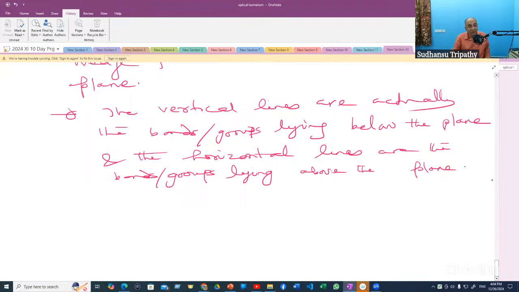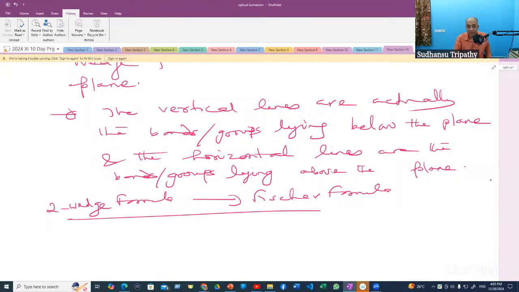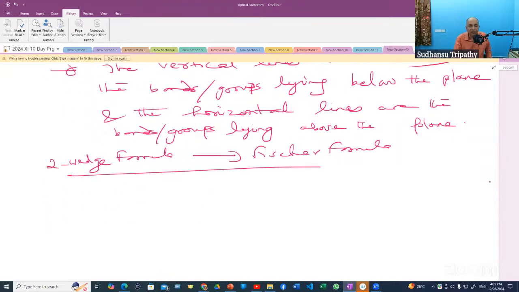Now see, before I show you the model, it's better to take a two-wedge formula to demonstrate how to convert a two-wedge formula, either that one or this one, to a Fischer formula. I'm taking the second one. The first one is the same. This is the central, say, carbon atom.